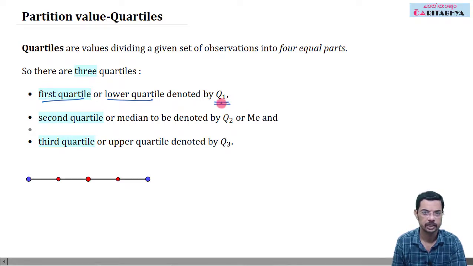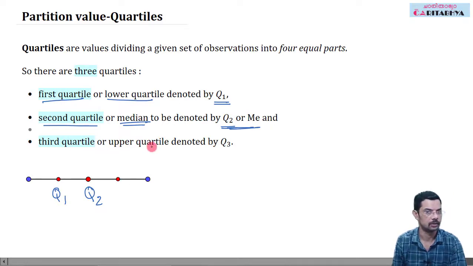The second quartile is also the median, which is denoted by Q2 or Me. When we refer to it as a quartile, we use Q2, otherwise it is the median. And the third quartile, or the upper quartile, the highest quartile, is denoted by Q3.